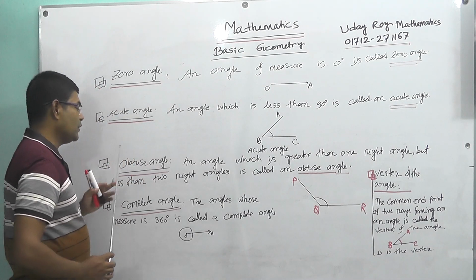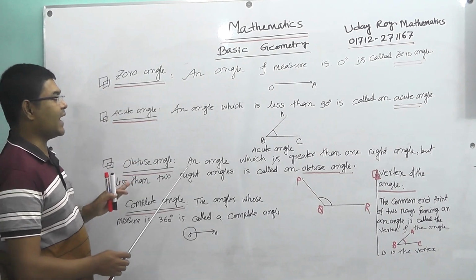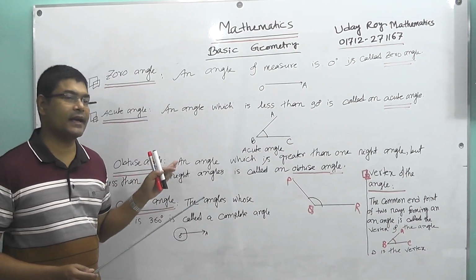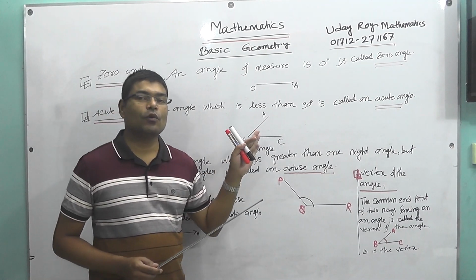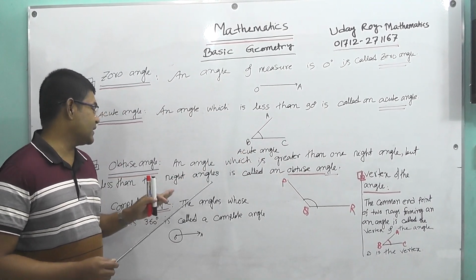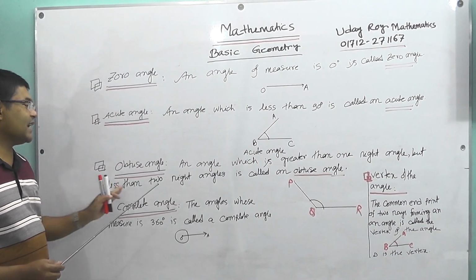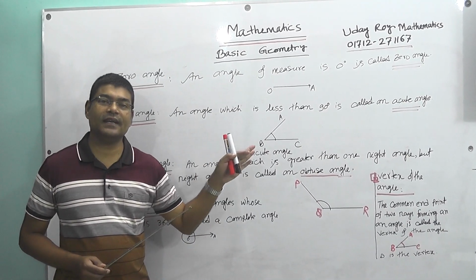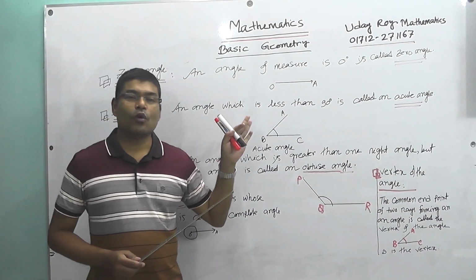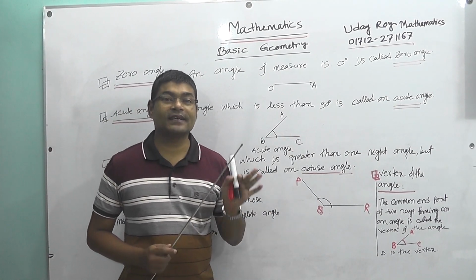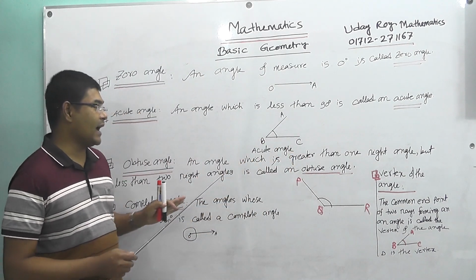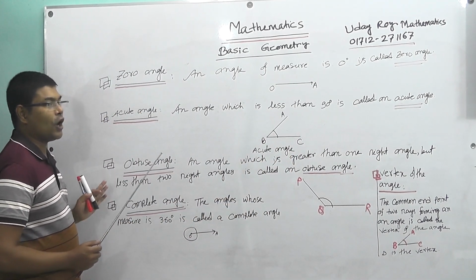Now we have to know obtuse angle. An angle which is greater than one right angle but less than two right angles is called an obtuse angle.